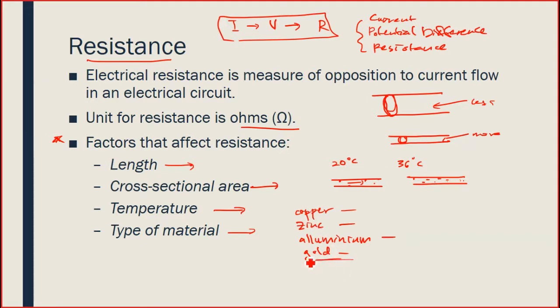The reason why gold is quite high in price is that we don't actually use gold to make wire. The best bet that we can have is copper, because copper is quite cheap, but copper can still be used quite efficiently.